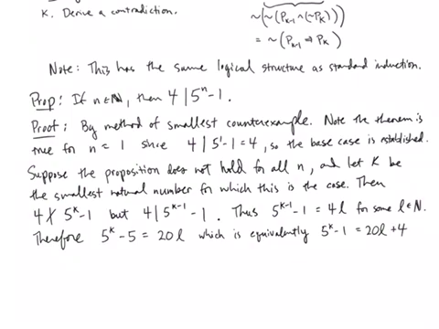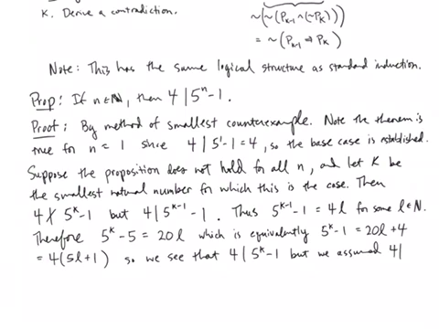And now we'll get a contradiction because clearly this right-hand side, we can pull 4 out. So that's equal to 4 times 5L plus 1. Right? So we see that 4 divides 5 to the k minus 1, but we assumed 4 did not divide 5 to the k minus 1.